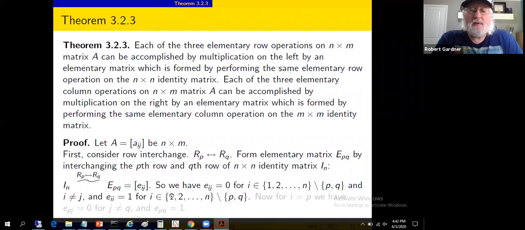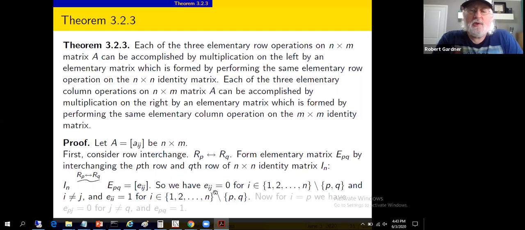Where are they specifically? Well, mostly they're in the same place they were in the identity matrix, except for row P and row Q. So if we stay away from row P and row Q, let i be an index other than P or Q, then E sub ij is going to be 0, provided i and j are different, and E sub ii is going to be 1.